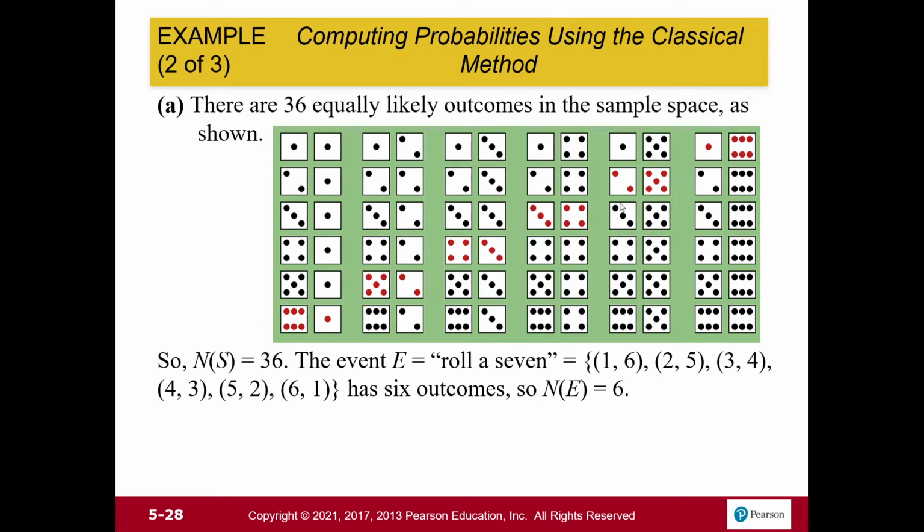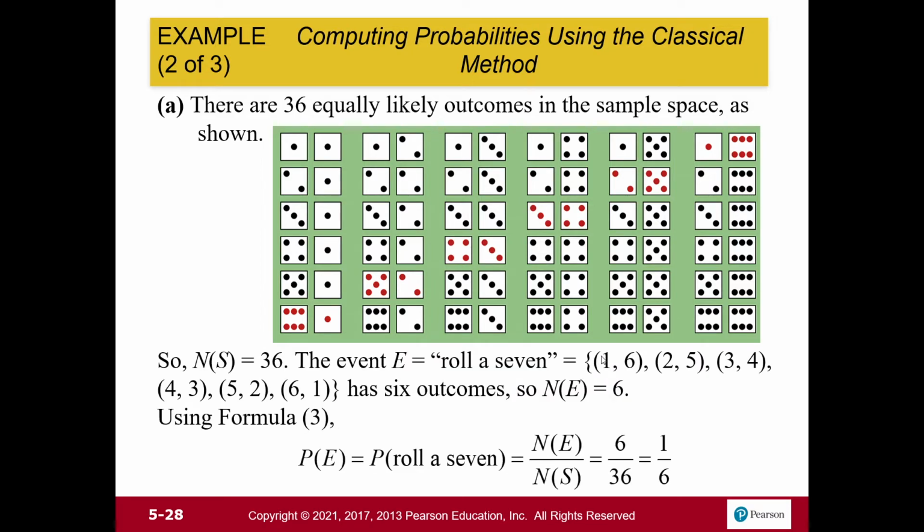So it's that diagonal, and there appear to be 6 different outcomes where you can get a 7, and that's out of 36. So the probability will be 6 over 36, which reduces to 1/6. You have a 1/6 chance of getting a 7. That's pretty good, actually.